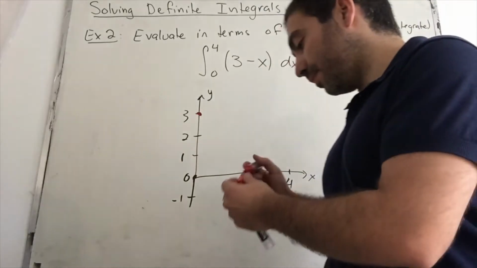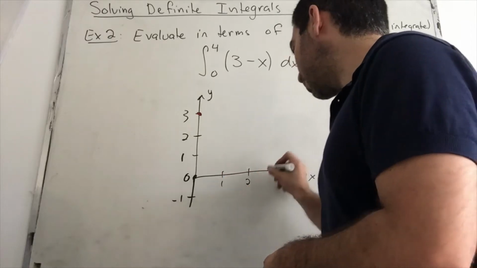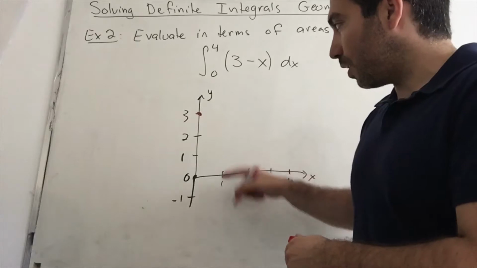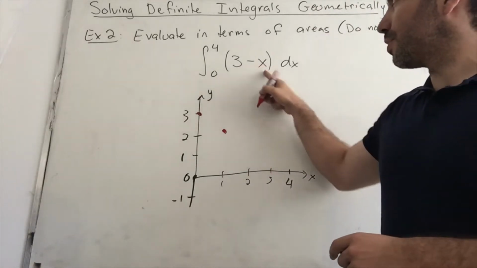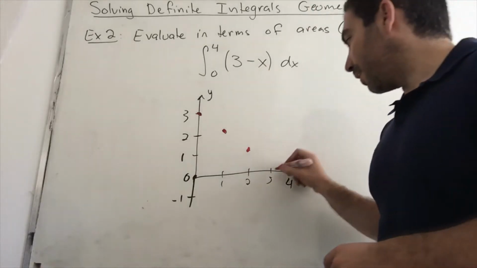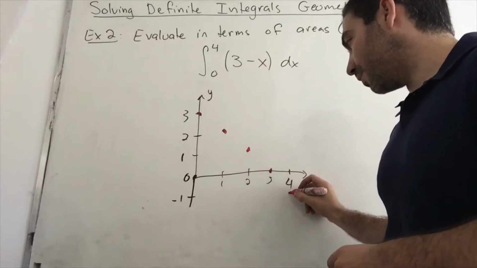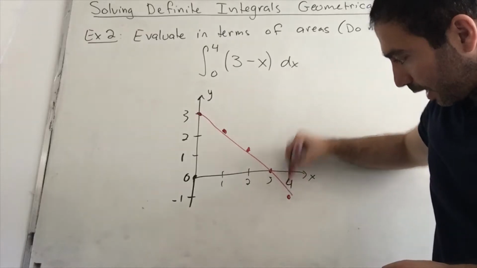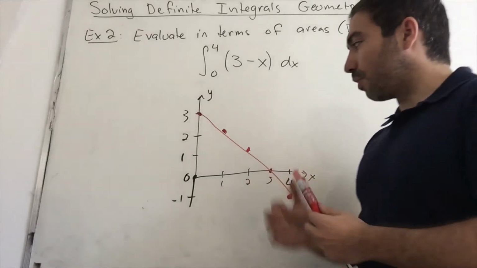When we put in 2, 3 minus 2 is 1, so when x is 2, y is 1. When we plug in 3, we get 0. And when we plug in 4, we get 3 minus 4, which is negative 1. Something like this. Okay, so we get a straight line. Again, it's not drawn to scale, so it doesn't look straight, but this is what we're dealing with.